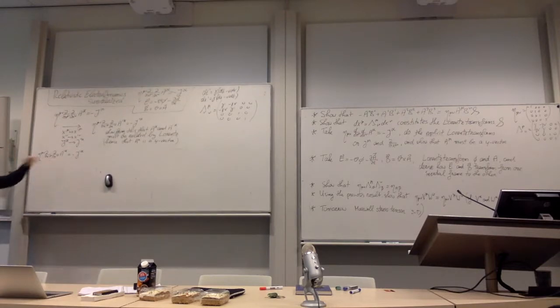So if you do this, now I know how this transforms. I also know how these derivatives transform. You might remember that a derivative transforms as a 4-vector. I haven't proven this. It's a step that I would like you to think about for tomorrow, why that is the case. But I told you we're going to take it as a fact.